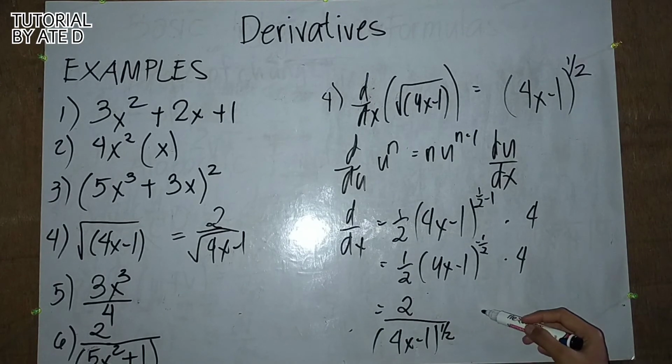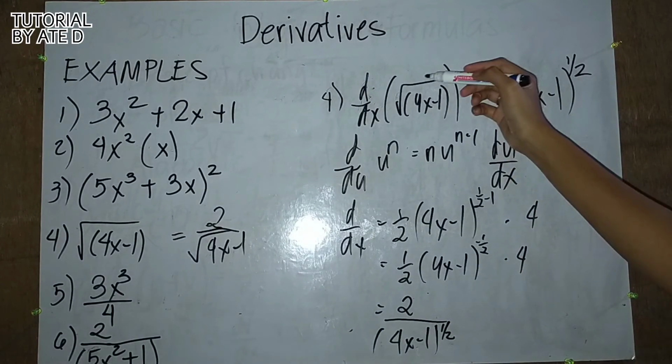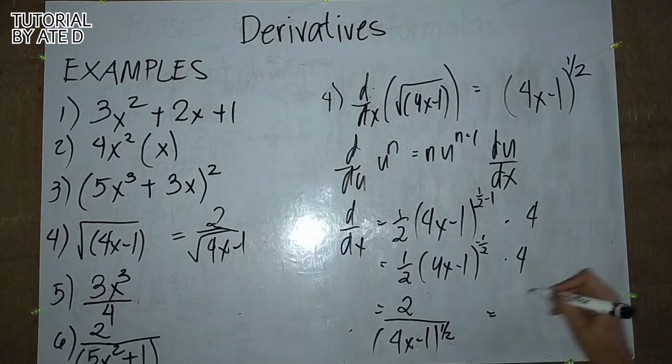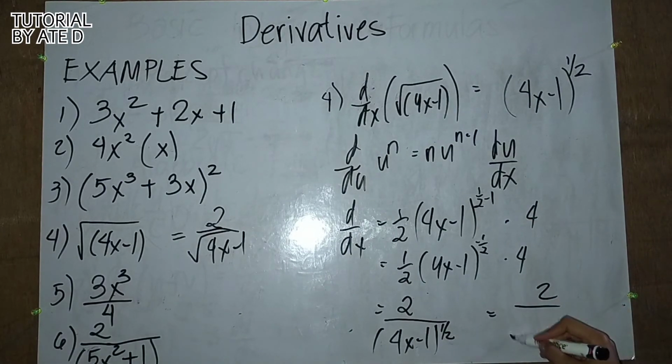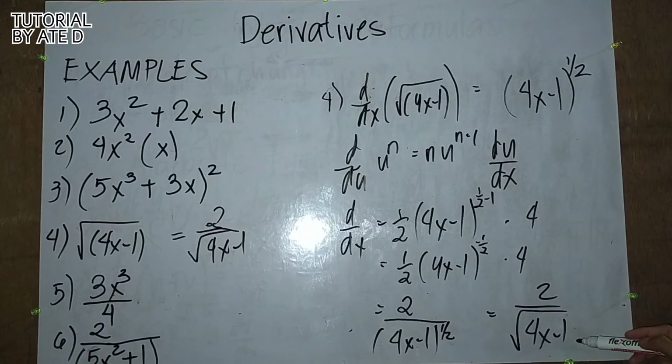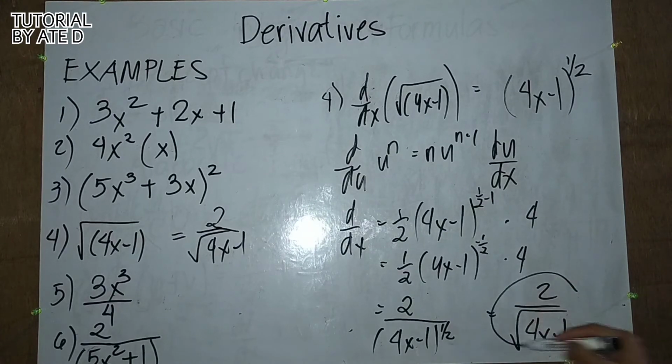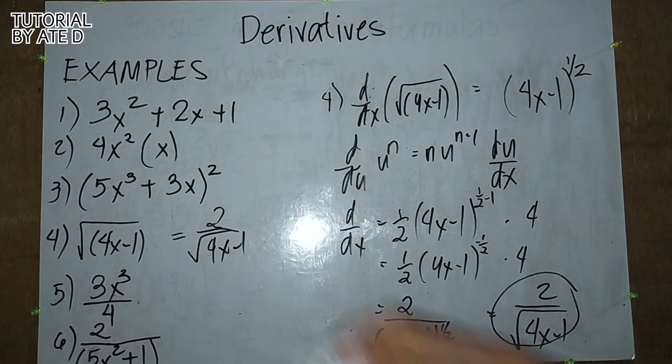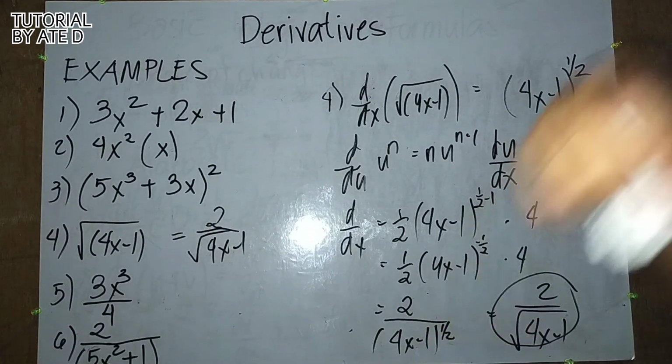At ayusin ulit, ibalik dito sa form na ito. So, 2 over the square root of 4x minus 1. So, magkapareho ang nakuhang sagot. So, any of the two formula ay pwedeng gamitin para makuha ang derivative ng ganitong function.